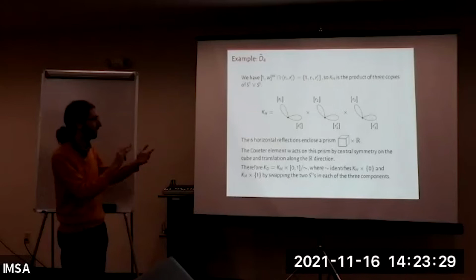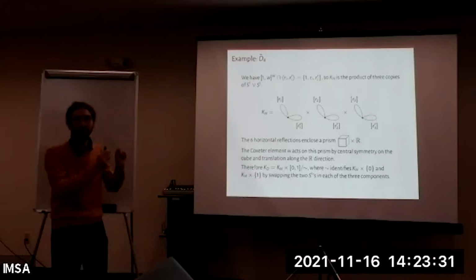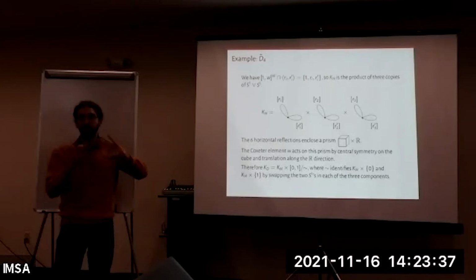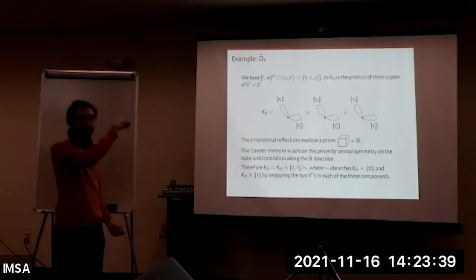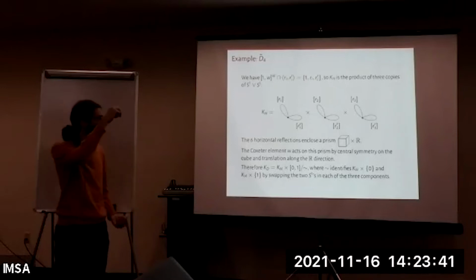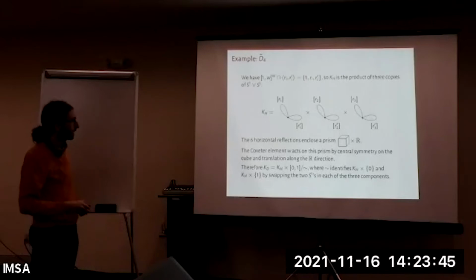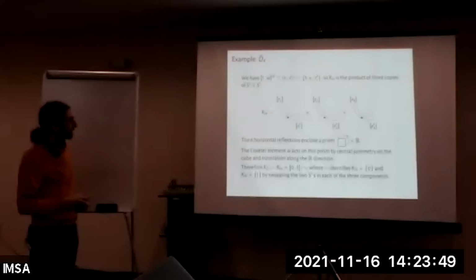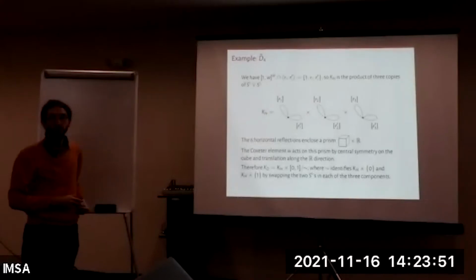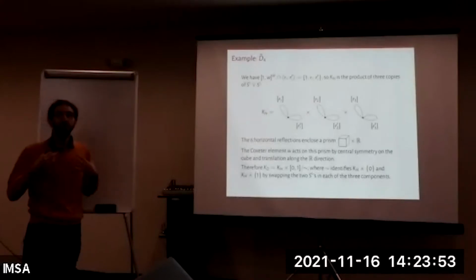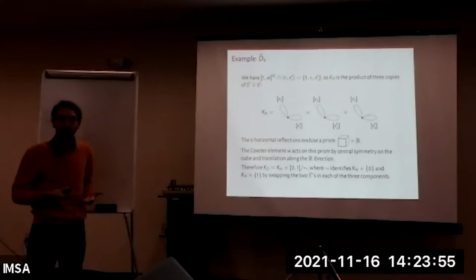So instead of just two walls for the strip, we have three pairs of walls which are orthogonal to each other, times R, which is the axis of our Coxeter element.